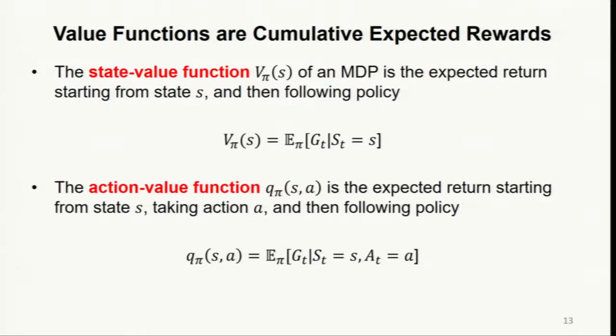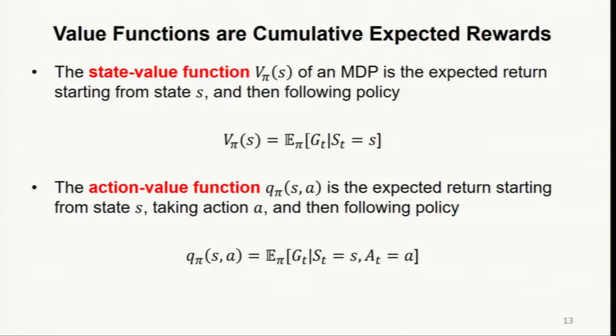You start from a state, and then following the policy, you see all the different states, and every time you get a reward, you add them together. Then note this is an expectation, because over here this is an expectation over pi. This is also an expectation. You are looking at the expected reward because this is a random process. You have a distribution, not deterministic.